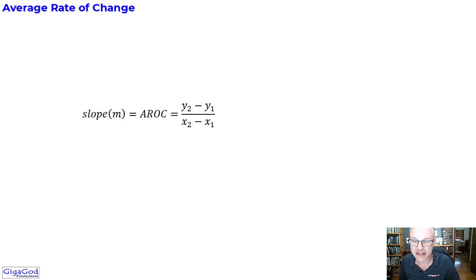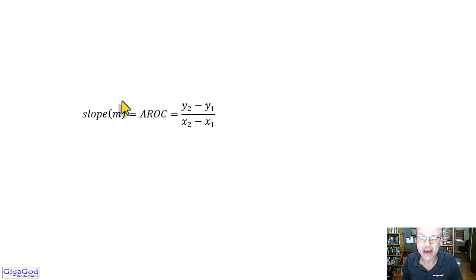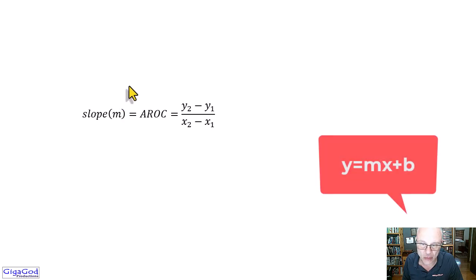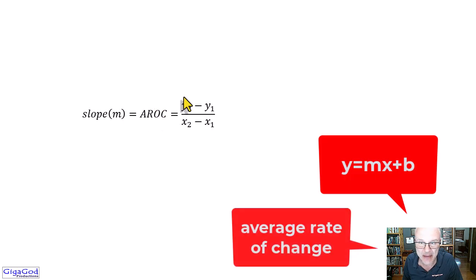So last section we looked at the visual representation of slope, and now we have the more formulaic look at slope. You know, in algebra class we often talk about slope being m. It's the slope of the line y equals mx plus b. Well, we're going to call it the average rate of change. It's the same idea, right?